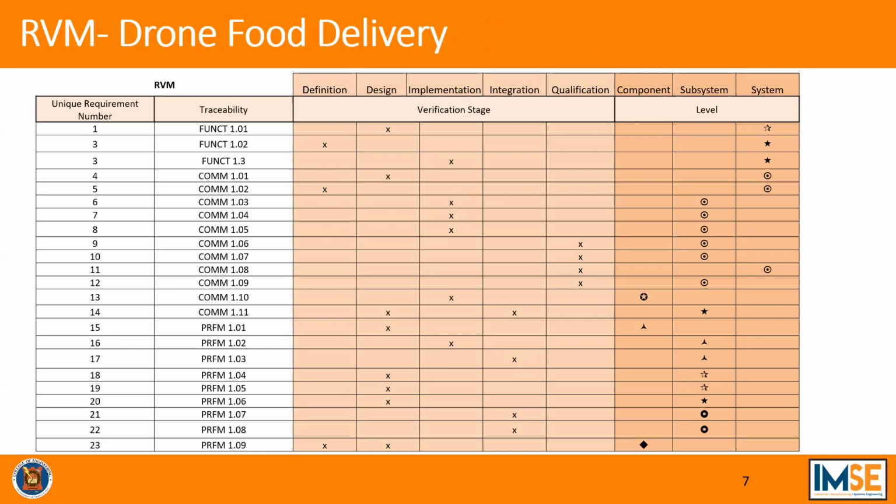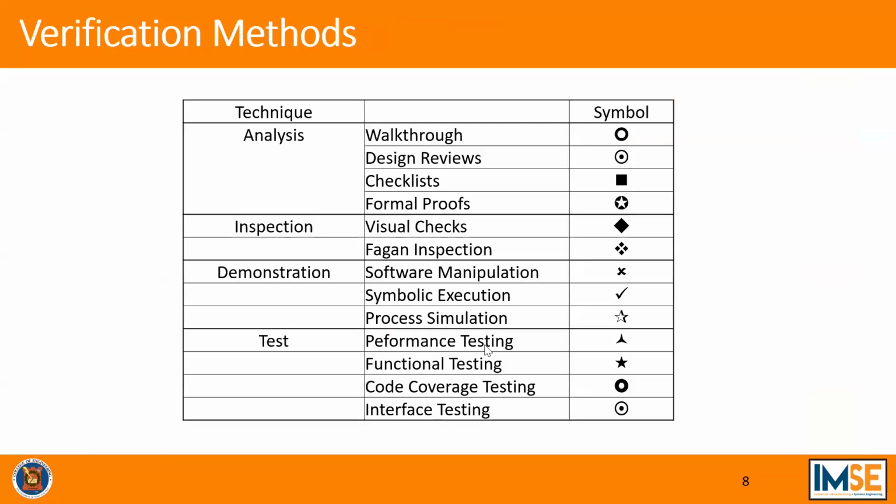Another important concern is verification methods. For our project, we used some symbols to define verification methods. In this slide, the meaning of the used symbols in RVM is shown.